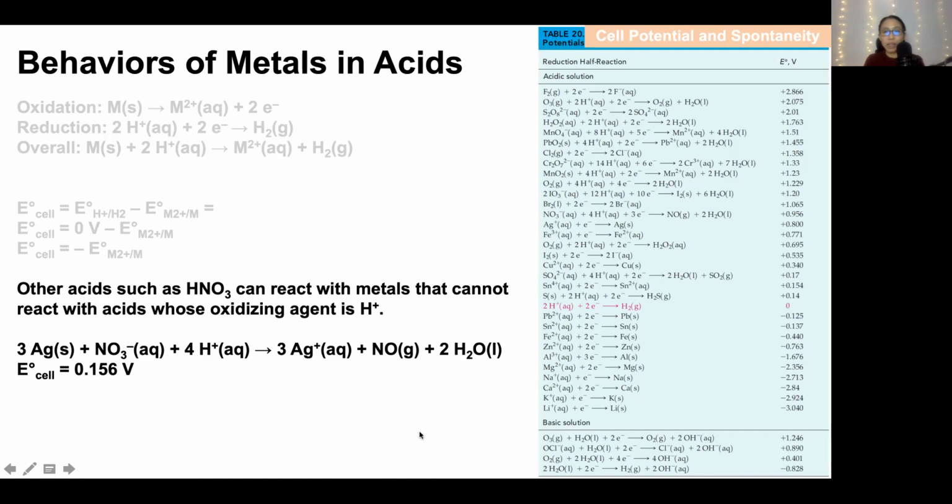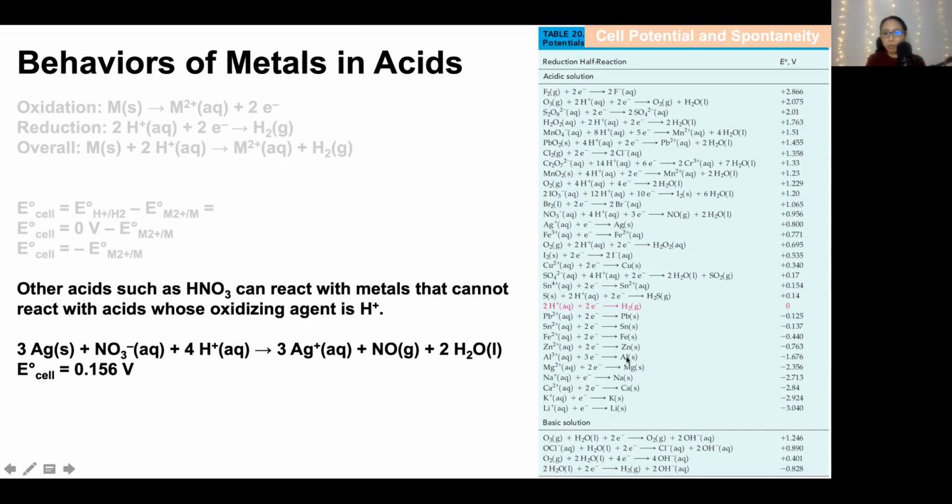This reaction is spontaneous. Silver will not react with HCl because this reaction of hydrogen ion to hydrogen gas is lower relative to your silver half reaction. So this means, class, anything that is lower.